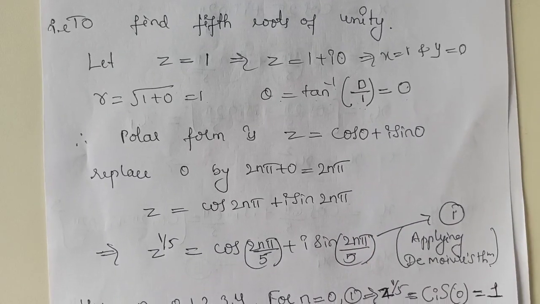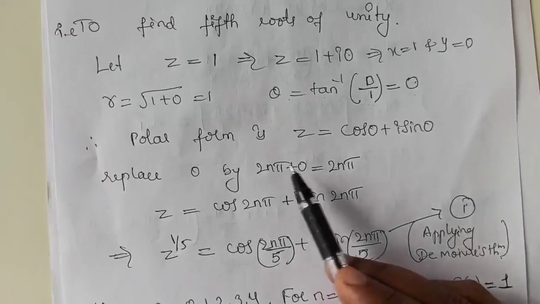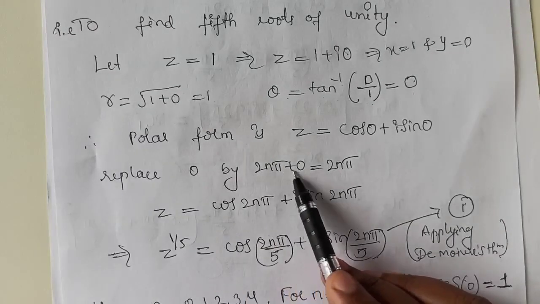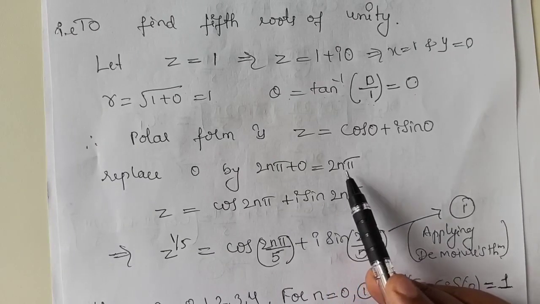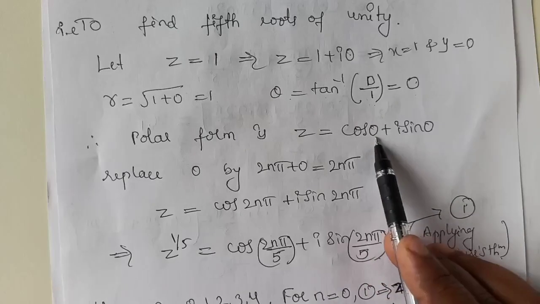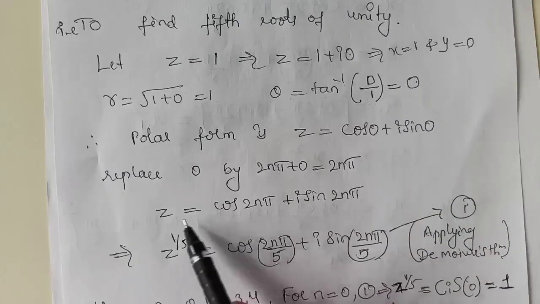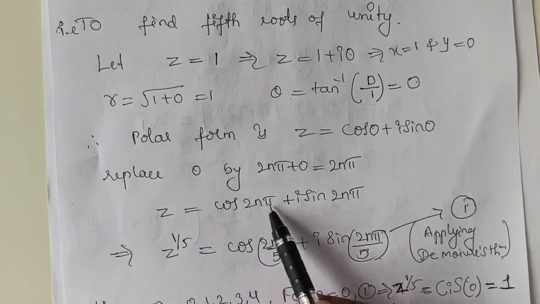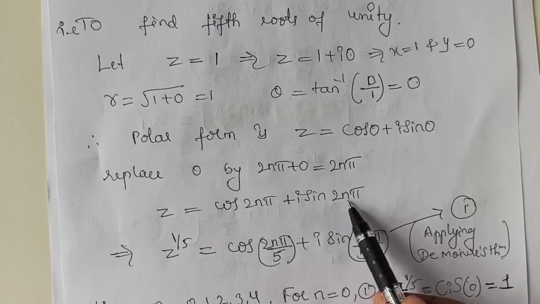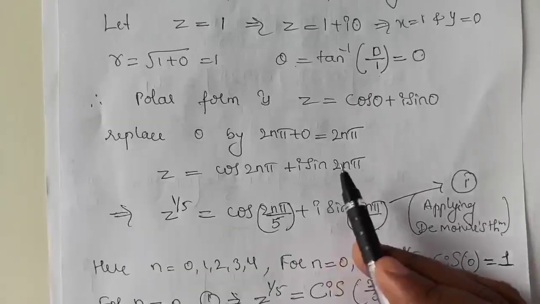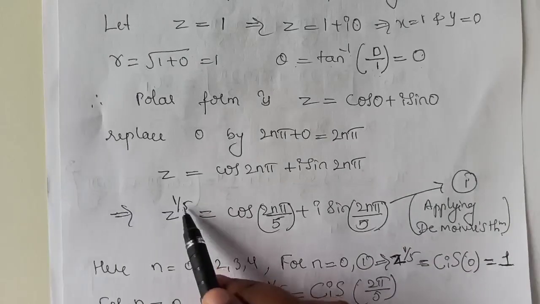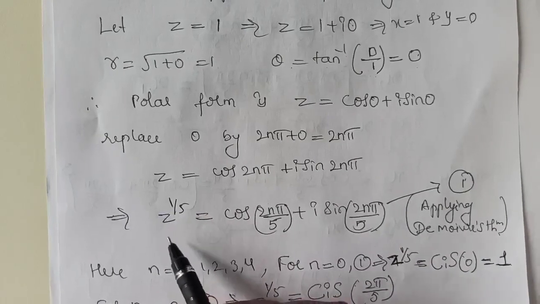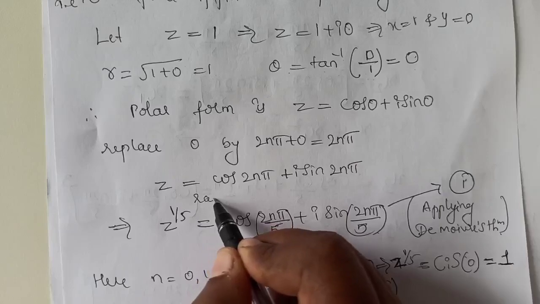So now replace this 0 by 2n pi plus 0, that is 2n pi. On replacing this 0 by 2n pi, we get z equals cos 2n pi plus i sin 2n pi.